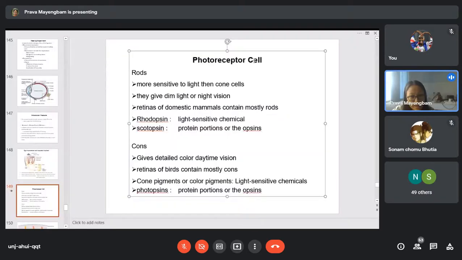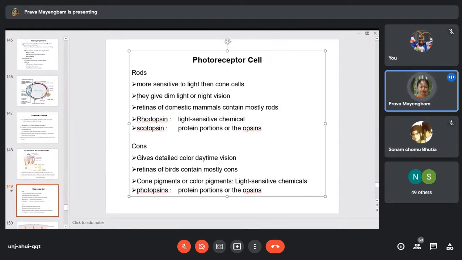The retina of the eye has photoreceptor cells. They are mainly of two types: one is rods and another is cones. Here, what you have to remember is that the retinas of domestic mammals contain mostly rods.